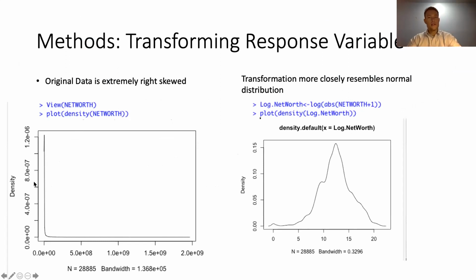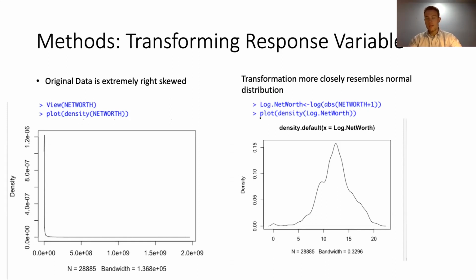So my first thought was to apply a logarithmic transformation, but that was giving me issues because many of the individuals had liabilities greater than their assets, so they had a negative net worth. So we can't take the log of negative numbers. So I first had to take the logarithm of the absolute value of the net worth. And additionally, because many people had reported a net worth of 0, that was giving me issues because I was taking the log of 0.